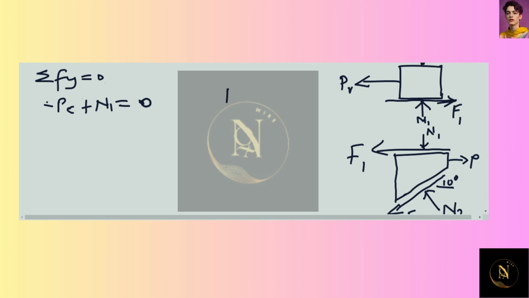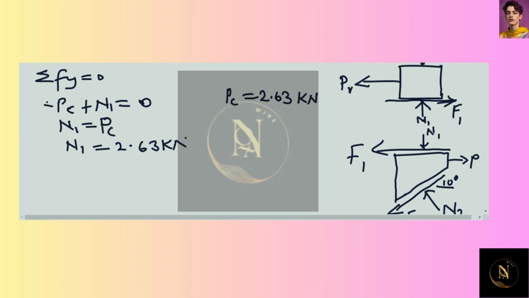Of course, Pc is the compressive force, 2.663 kilonewton. So when we do this, we arrive at N1, the normal reaction at point 1, equal to Pc. Therefore N1 is equal to 2.63 kilonewton.